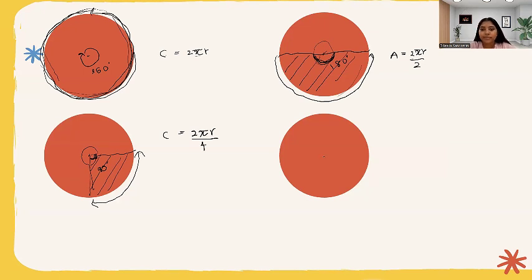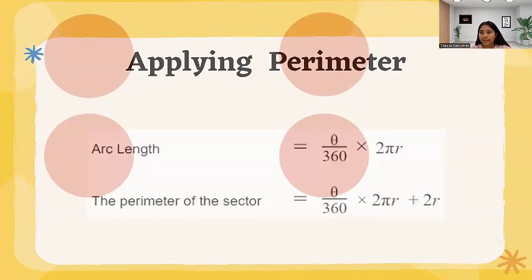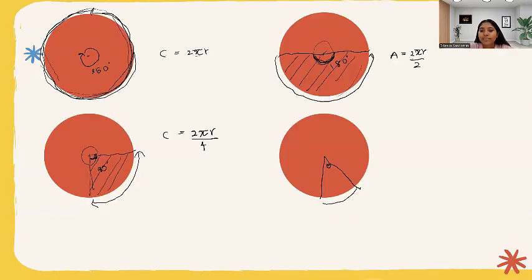And here there is a sector and we do not know the angle at the center. So I mention it as theta and I want to find this arc length. So now we are going to create an equation for this. Now I am going to write these things again in a different way.